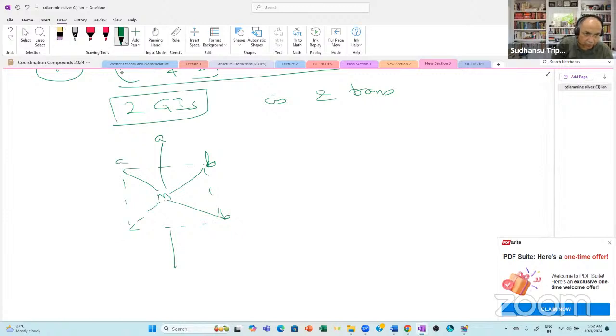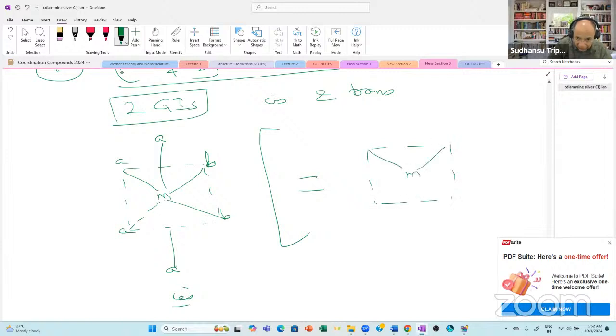If those which are only 2 in number remain close to each other, then this is cis. This is same as if you keep, deliberately drawing different figures to make sure, if you keep BB here also same thing. They are close.